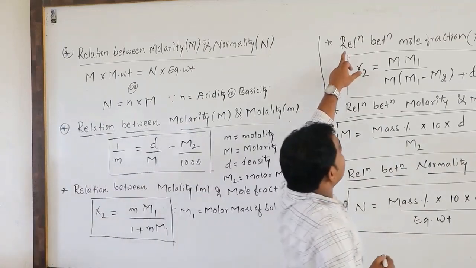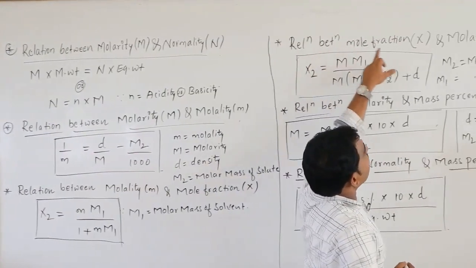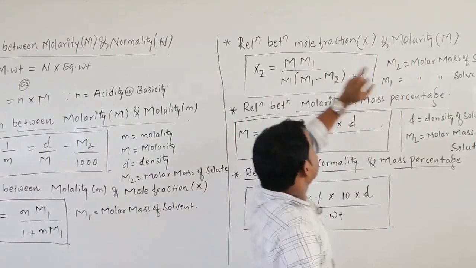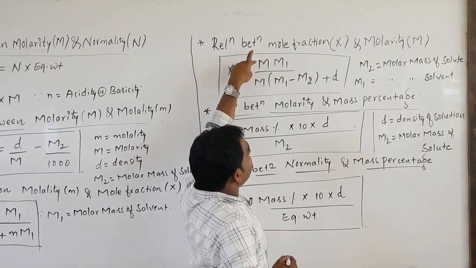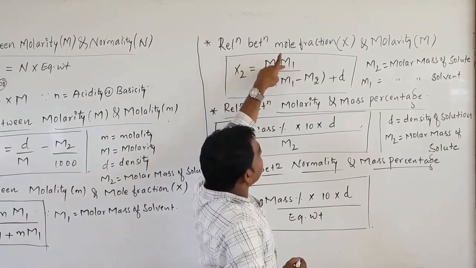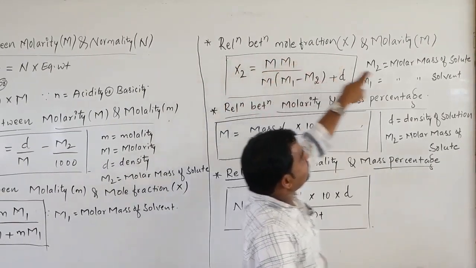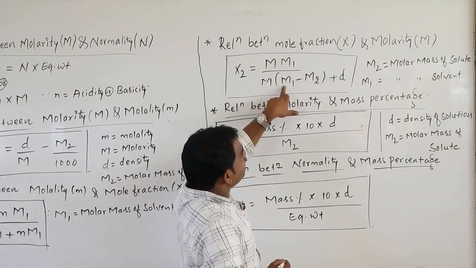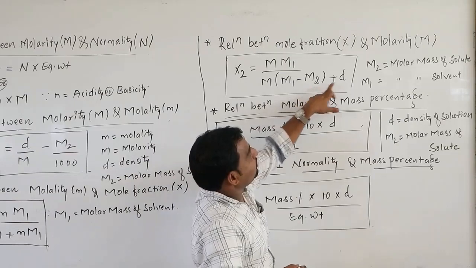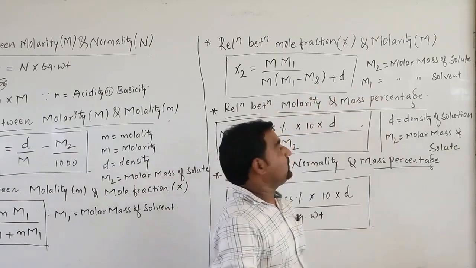And one more important formula is the relation between mole fraction and molarity. X2, the mole fraction of the solute, is equal to capital M, the molarity, into M1, the molar mass of the solvent, divided by molarity into bracket M1 minus M2, plus d. d is the density of the solution.